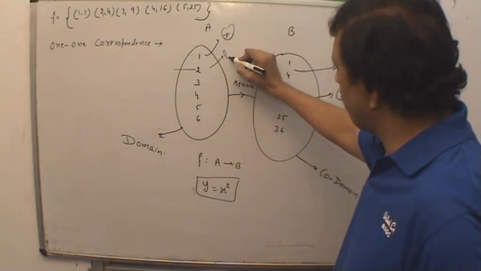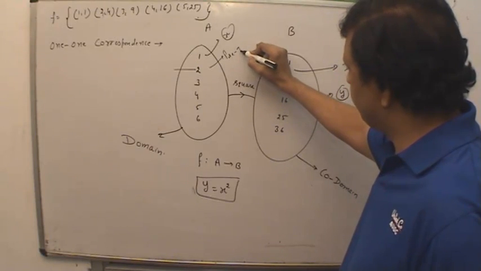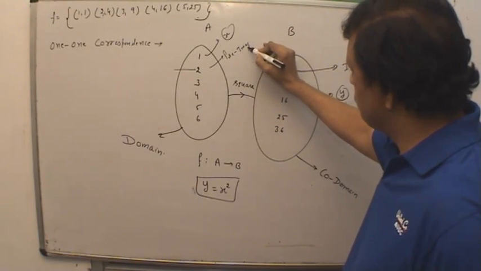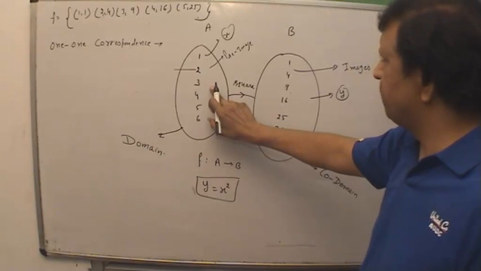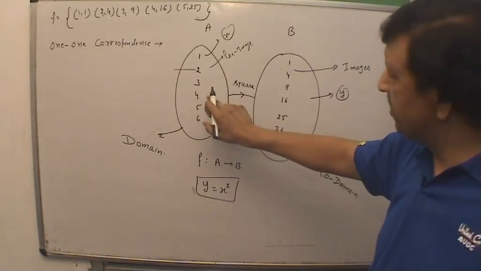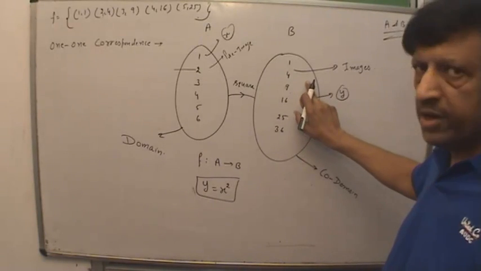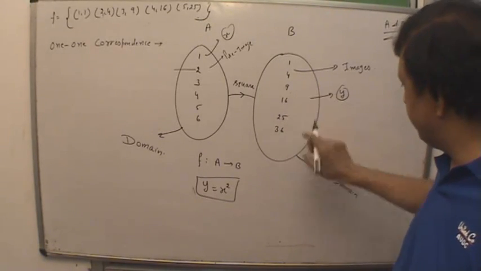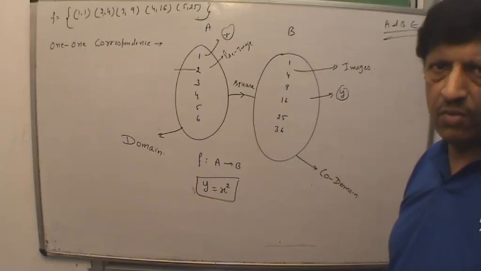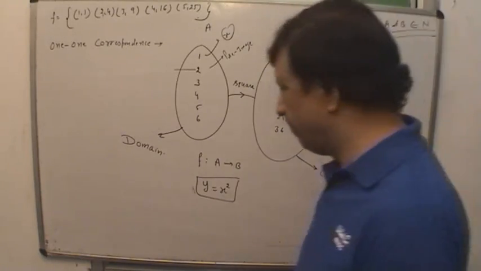These are all pre-images. If each pre-image in the domain has its unique image in the codomain, then we say it is 1-1.